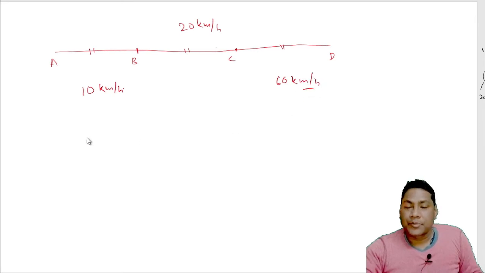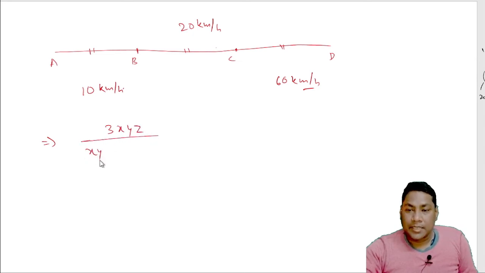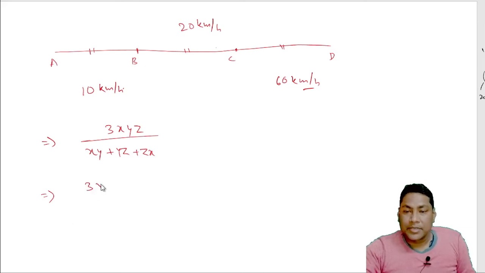For calculating the average speed of 3, the formula is 3xyz divided by xy plus yz plus zx. Here we will put the value of x, y and z as 10, 20 and 60. Here 3 multiplied by 10 multiplied by 20 multiplied by 60.